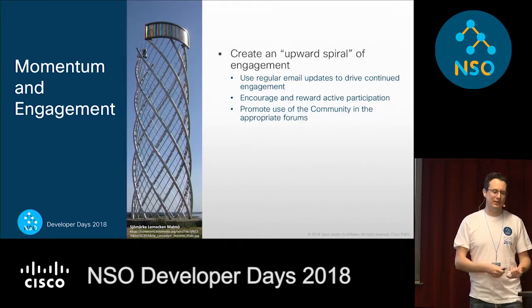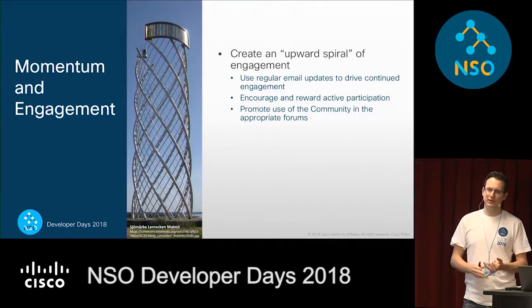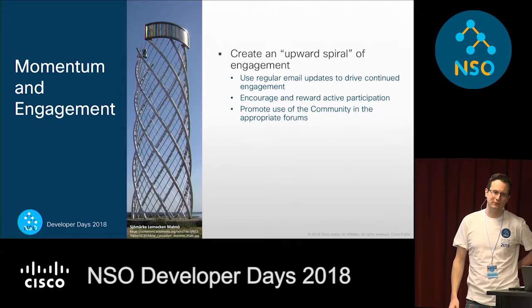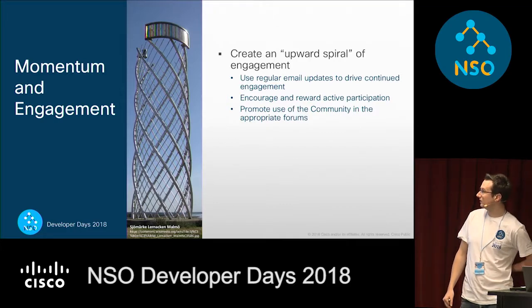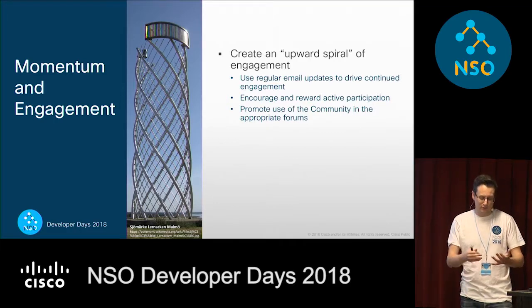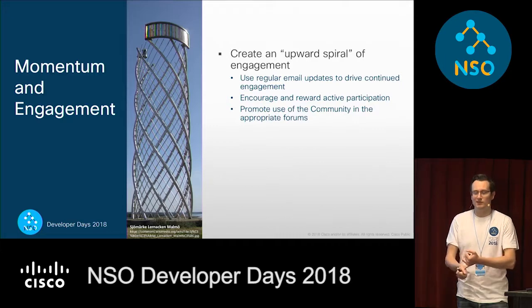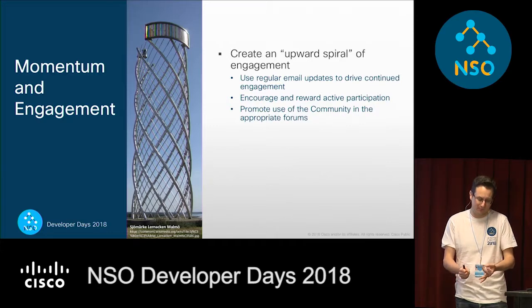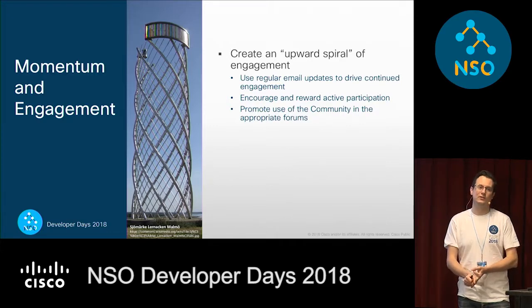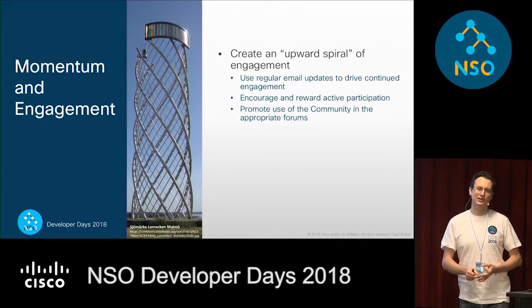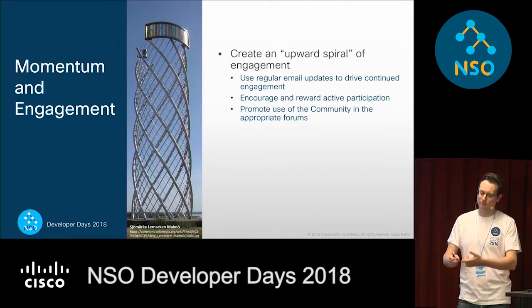So the way I do that, I use regular email updates. I try and send one out once a month, just updating people on what we've been talking about in TeamSpace. What have people documented in Jive? What's happening in the wider NSO community? Like, go look on the Developer Hub. Jan's uploaded an interesting presentation.